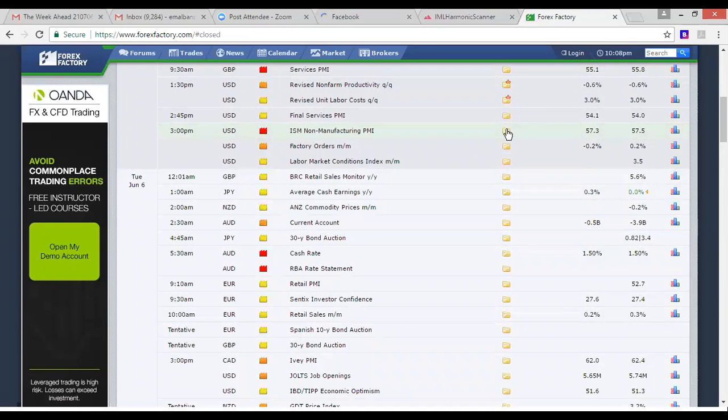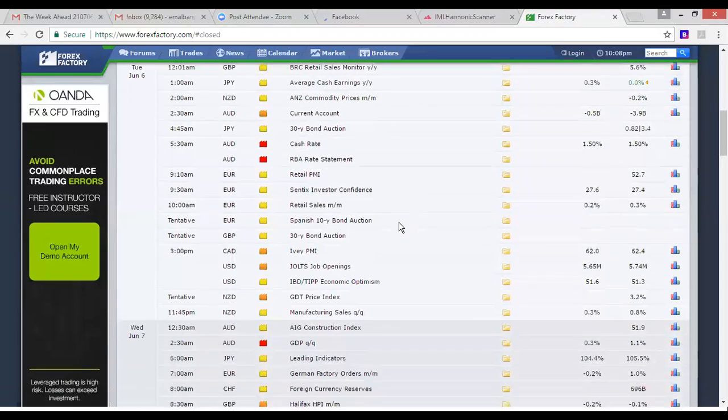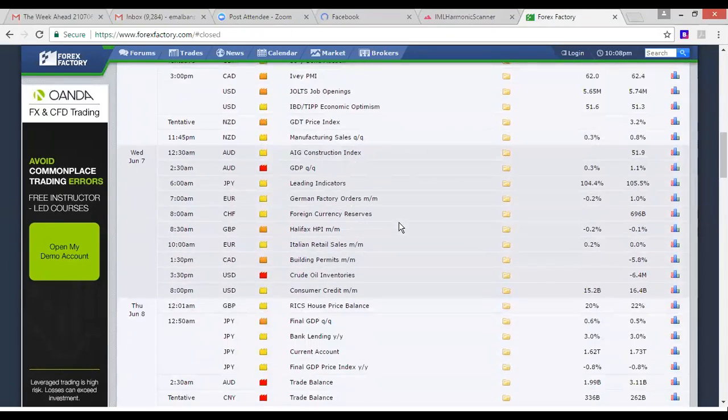So at least by tomorrow we'll have a clearer picture of what is happening for the week in the market. Australia has cash rates statement 5:30 a.m. of Tuesday. Okay, we have red folders for the week.